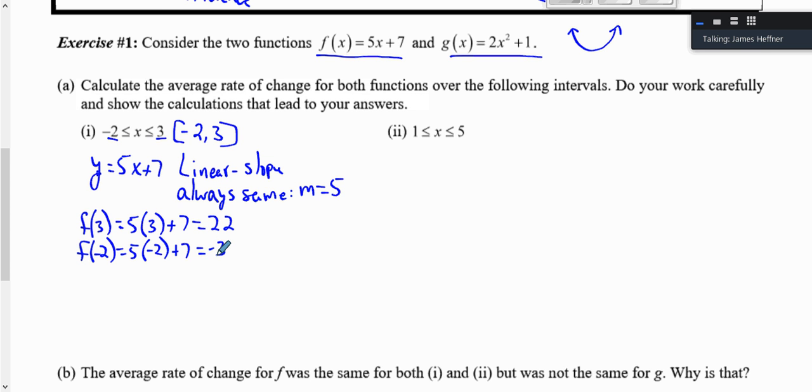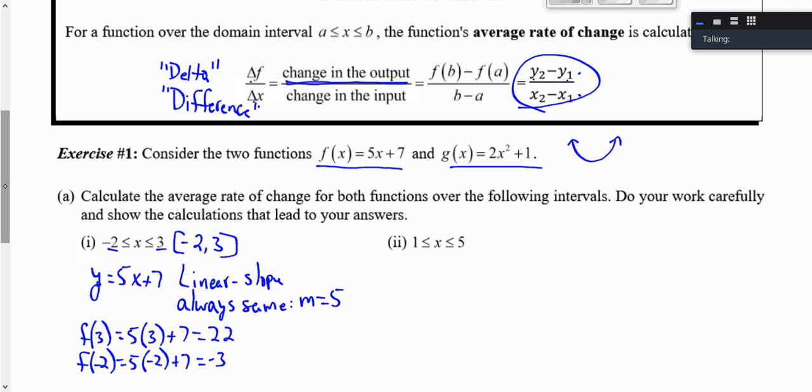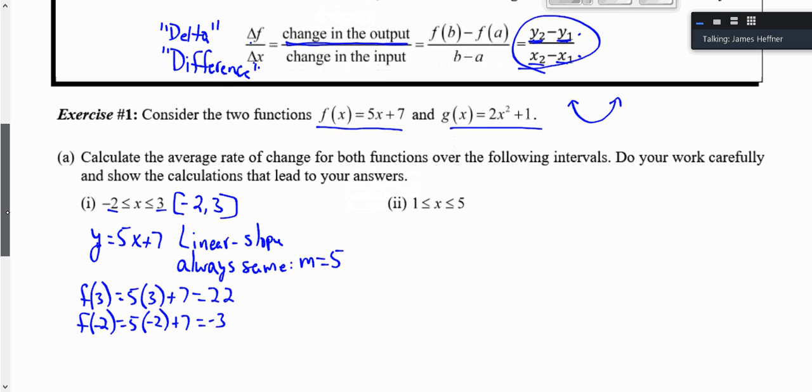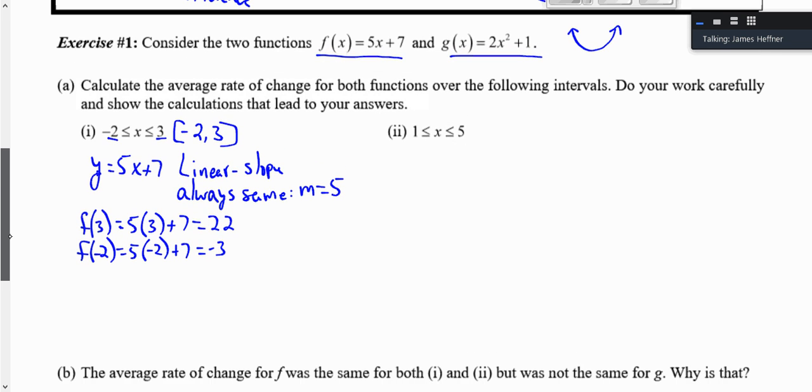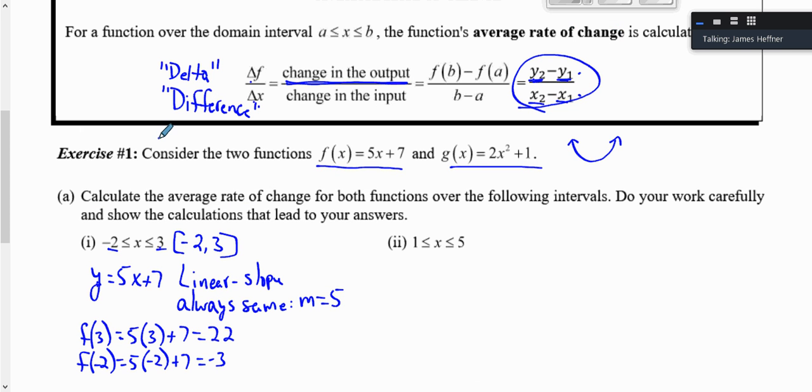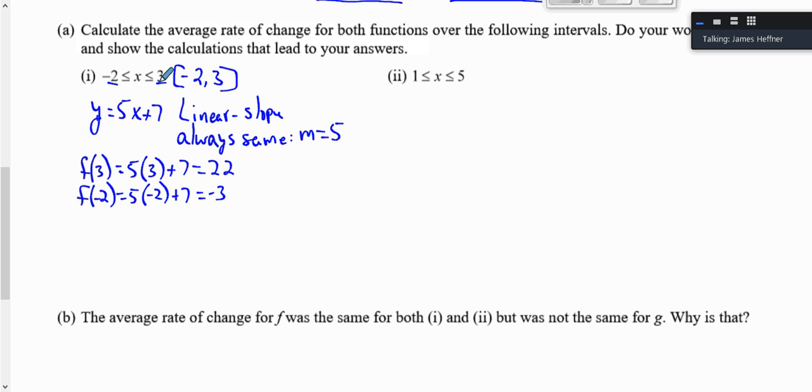So now I have these two values here, and I pair them with these two on the bottom, okay? So let's find the average rate of change here. We got to start with this value minus that value. So our average rate of change would be 22 minus -3. So be very careful. Negative minus parentheses.